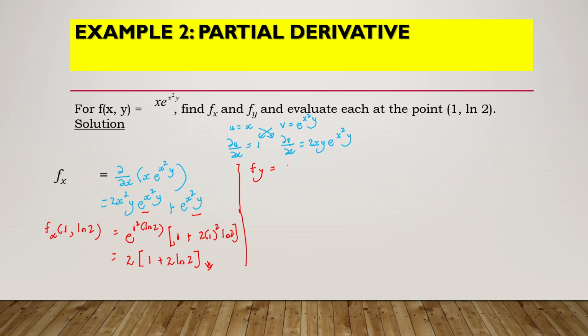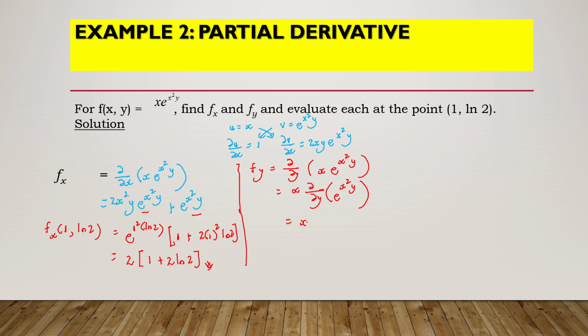Okay, for fy, you take del del y of x e^(x squared y). For del y, x is constant, so you just factor out x. No need to use the product rule because x is constant. Then you just take del y of e^(x squared y).